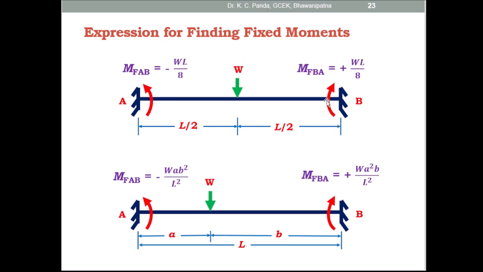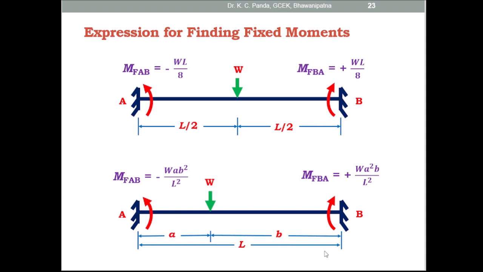So here at the end B, the moment MFBA is equal to plus WL by 8. As you know, the clockwise moment is positive and the anti-clockwise moment is negative. So at the end A, this is anti-clockwise direction, so the fixed moment MFAB is equal to minus WL by 8.